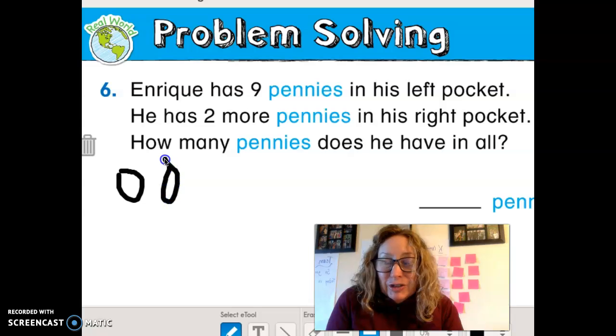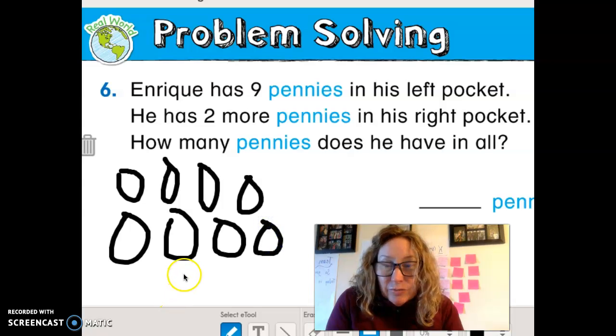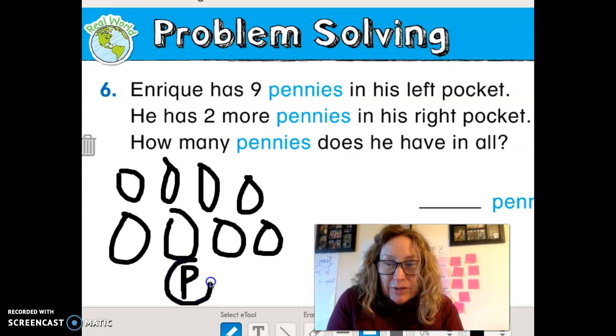One, 2, 3, 4, 5, 6, 7, 8. Remember, these are pennies. Ooh, I'm going to show you. I forgot to do this. I'm going to draw a P for penny and then a circle around it.